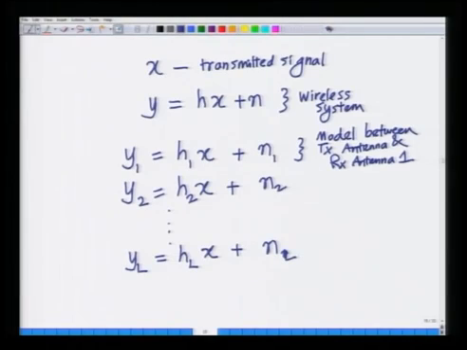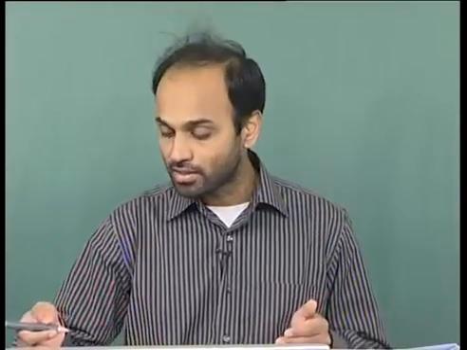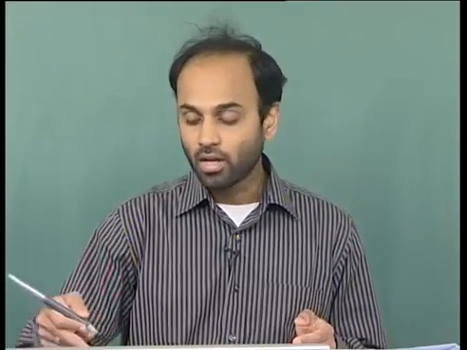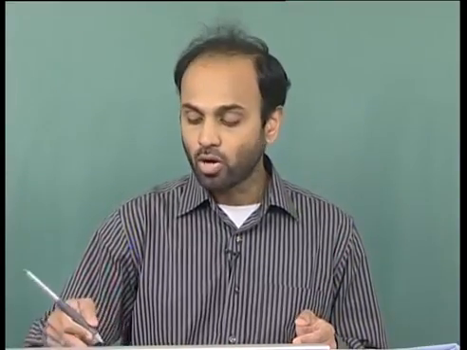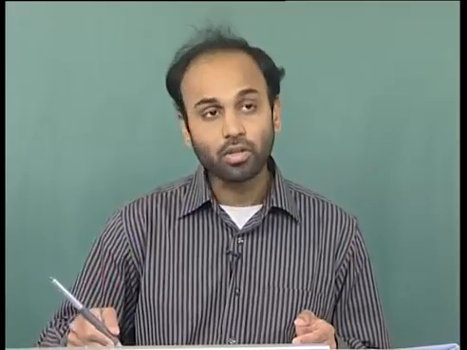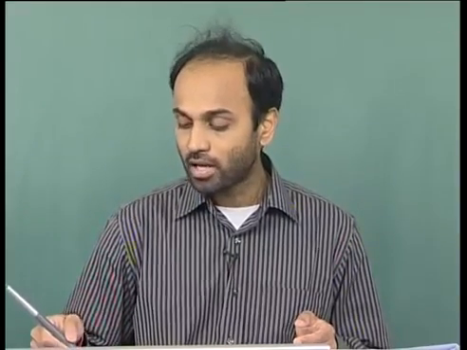Now, look at this, the signals received are Y1 to YL, but the signal transmitted is X. Remember, we said we are receiving multiple copies of the signal at the receive antennas, and you can see now, because at Y1 I am receiving H1x, at Y2 I am receiving H2x, so on so forth. At YL I am receiving HLx, which means the same signal X is being received across multiple receive antennas.